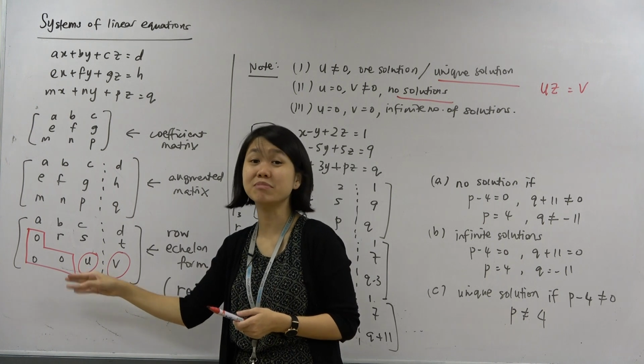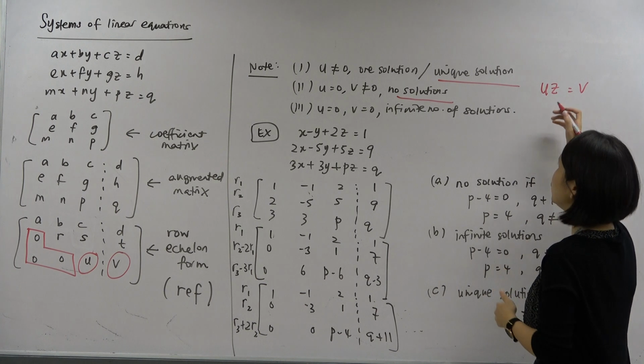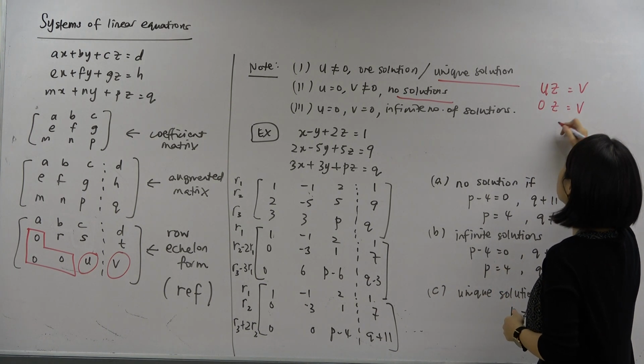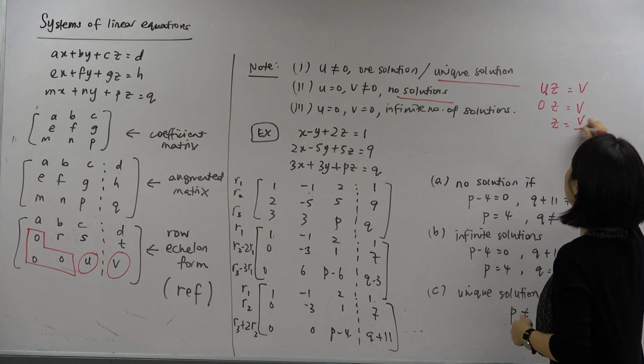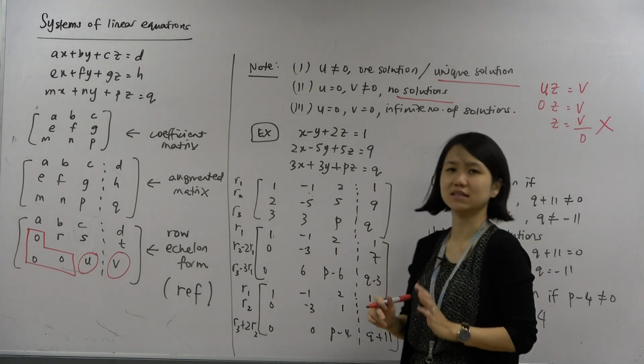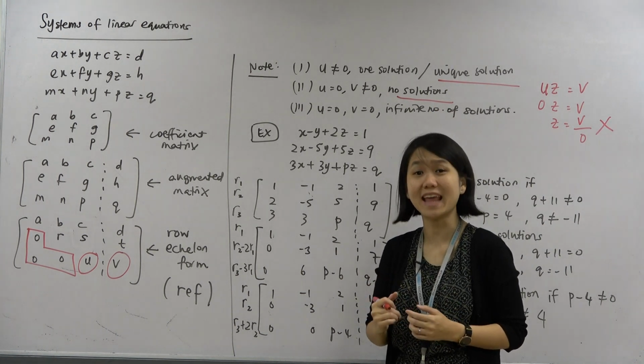Hence, your U is simply the coefficient of z, so it is Uz equals V. So if U equals 0 and V does not equal 0, then z would be equivalent to V over 0, and this is invalid. Hence, there is no way you can get a solution for z, and therefore you wouldn't be able to get the solution for y and x either, right?